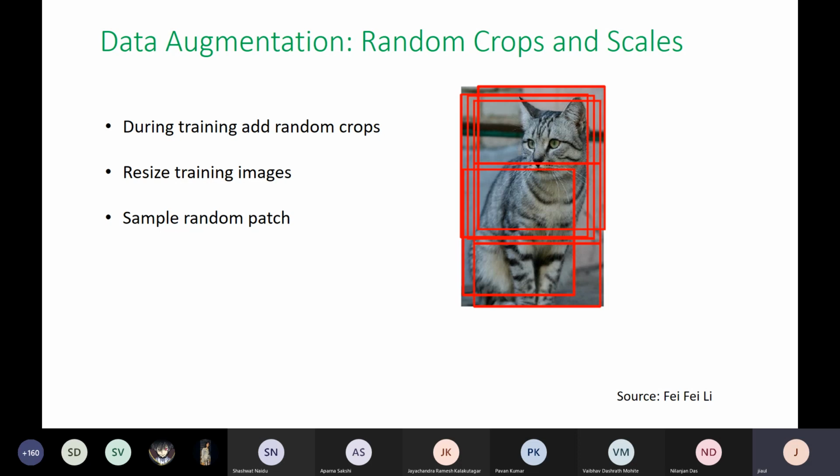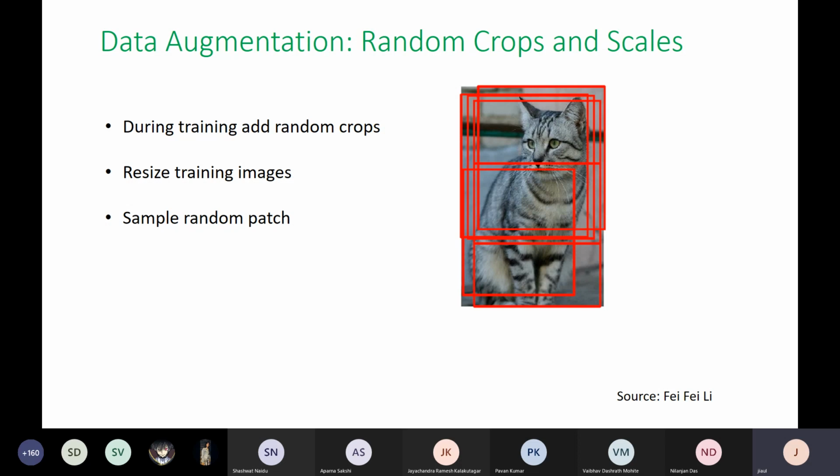That is how people do data augmentation to improve model performance. The objective is to make sure your model sees different parts of the input data, so that it is better equipped to handle such situations.